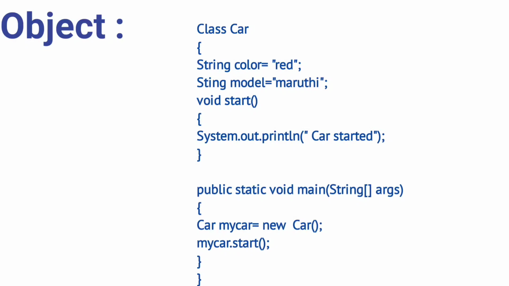Using the my car object I can access any of the attributes or methods defined in the car class. Here, if you see, I have used the class name car and the object name myCar equal to the new keyword and the car constructor. Now, using the my car object, I am calling the start method which is defined in the class car.